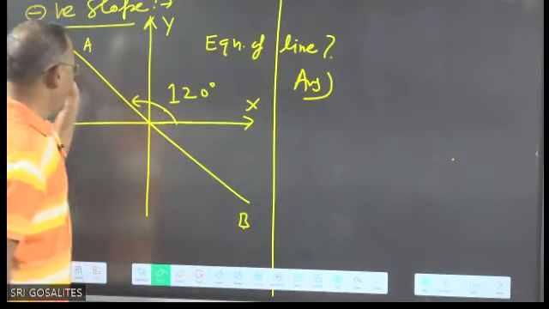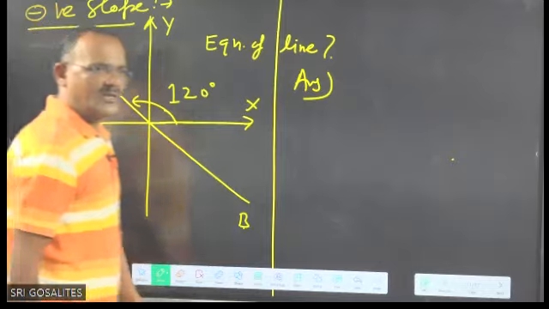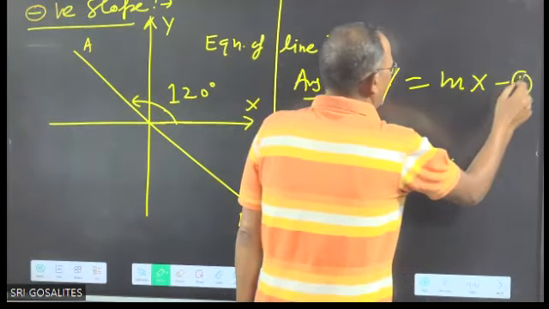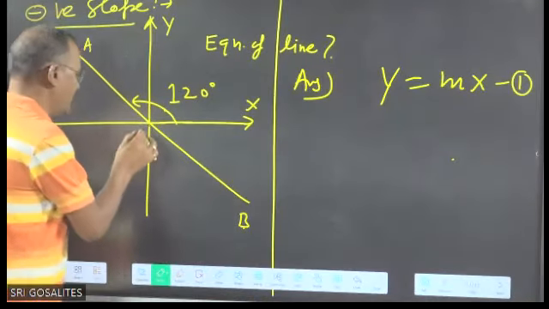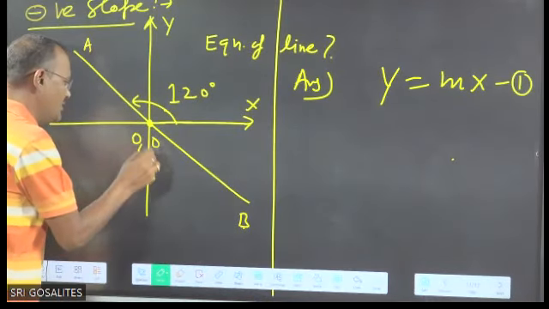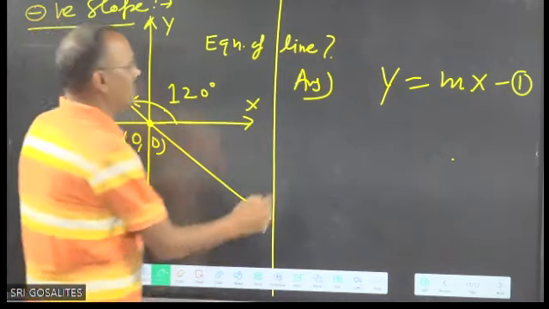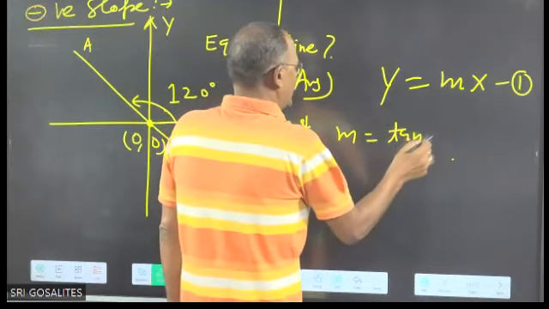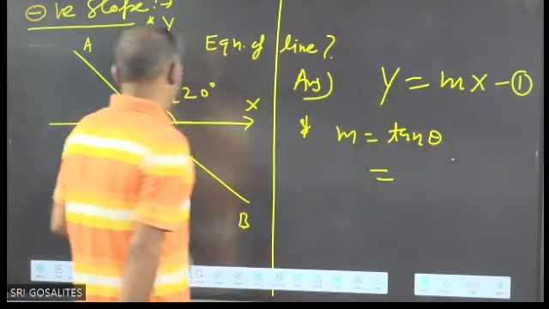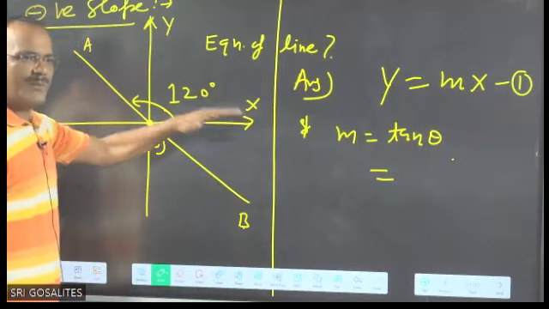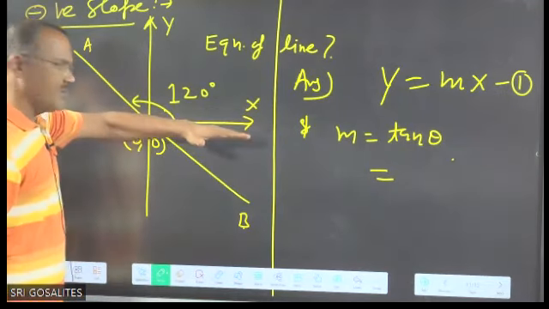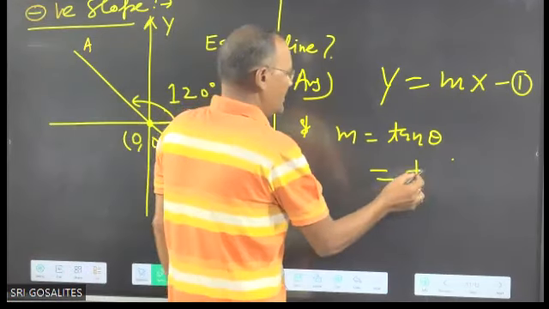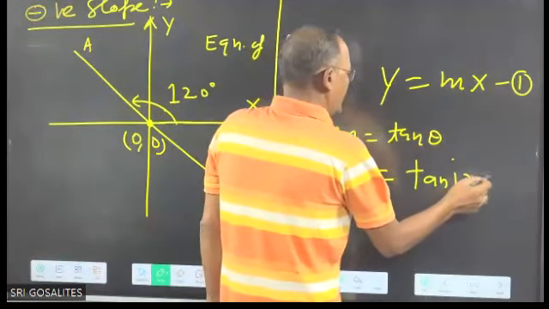First thing, any line passing through the origin will have the equation y equal to mx. Why? Because, see beta, if x is 0, then y is 0. But what is the m? Tan theta. Theta is the angle made with the plus x-axis. Slope is always measured from the plus axis. So this will be tan 120.